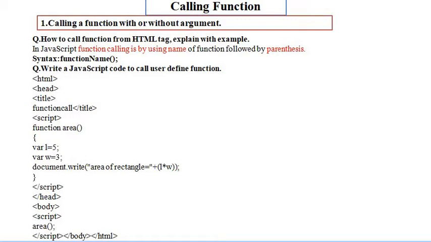In that syntax, there is only the function name and the empty parentheses. If you pass any arguments to the function, then you can call the function with the arguments. Let us see an example of that function.